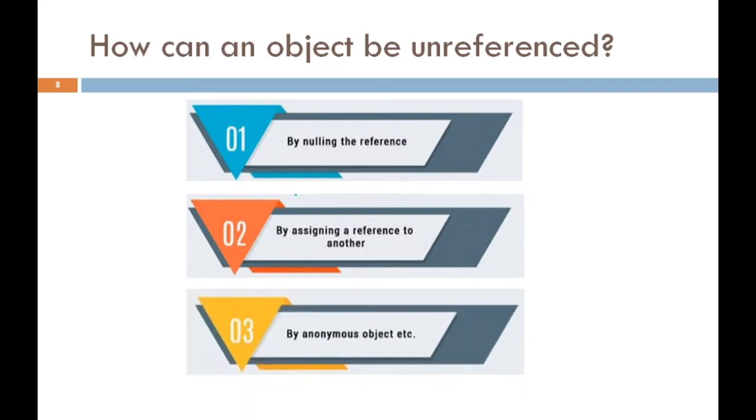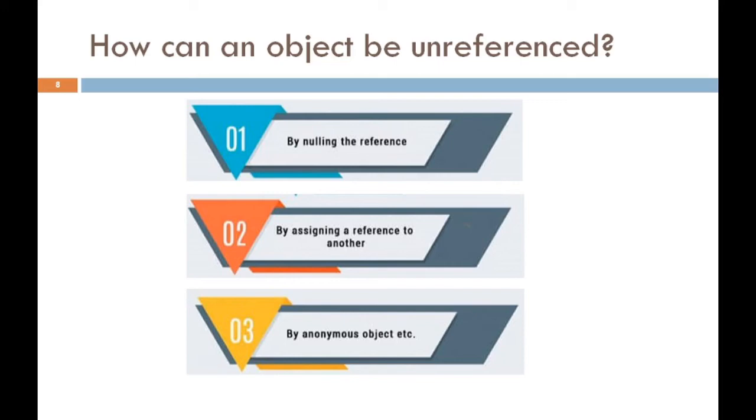And the third way is by an anonymous object. That means we only use the new keyword to initialize the class, like new Employee, then brackets and a semicolon. This also makes the instance of the class unreferenced. So these are the three ways in which we can consider an object unreferenced.